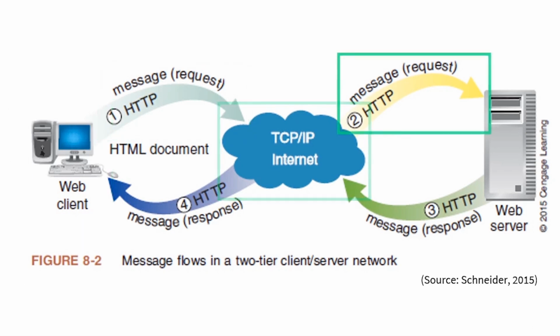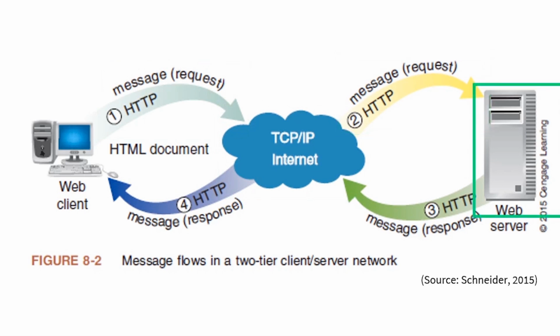That request then gets passed over the internet to the server, which hosts all the scripts and all the files that you want to render onto the client. When we say render, we are referring to the fact that it displays the buttons, the nav bar, the background, basically the entire website.